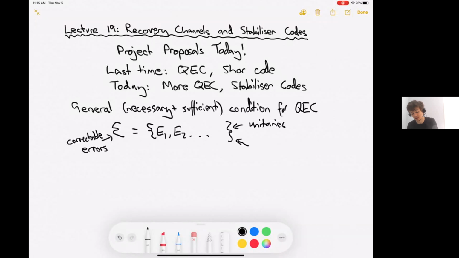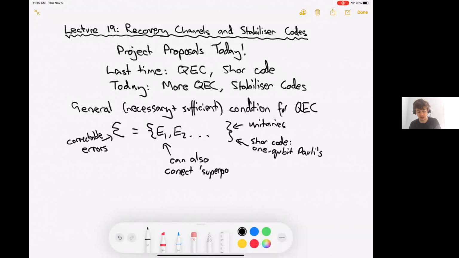Okay, so for the Shor code, for example, this set would be 1-qubit Pauli matrices, Pauli matrices that act just on a single qubit and do nothing to the rest of the qubits. It's also worth noting that we can also correct superpositions of these errors.